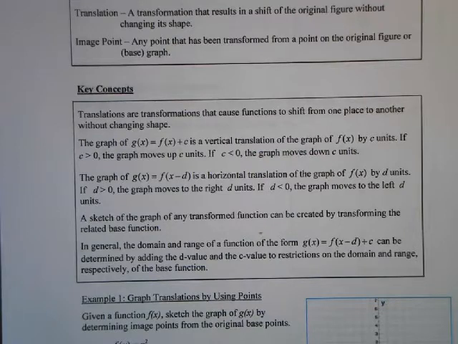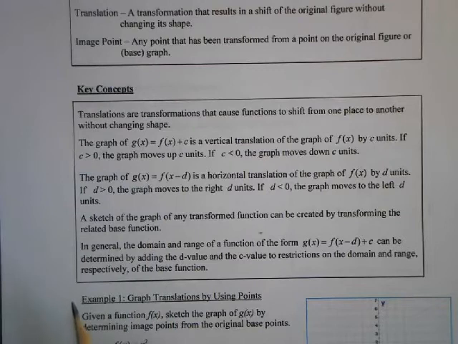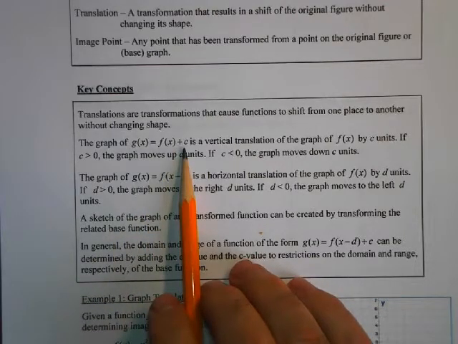And so what we're learning today is very, very similar to that. Unfortunately, and I don't know why math people or textbooks do this, we're changing the name of the parameters. So instead of using a k for saying it's going to shift up or down, we're using a c.